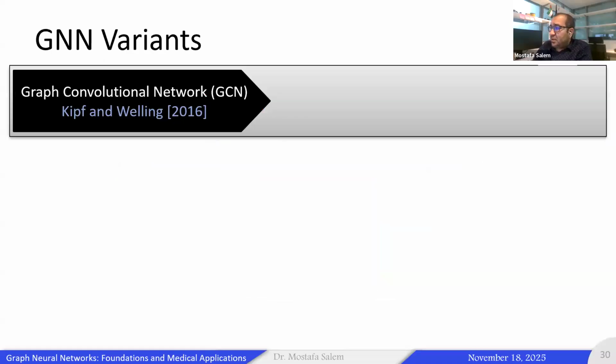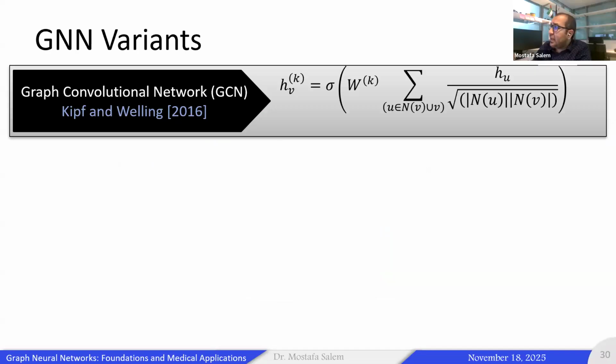So this is called the GNN variants. In the state of the art we have GCN, graph convolution networks. GCN will use the self loop as update and will use the sum of normalized neighbors' embeddings as aggregate.